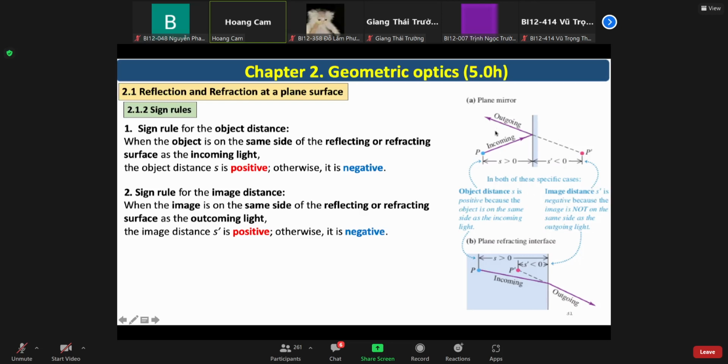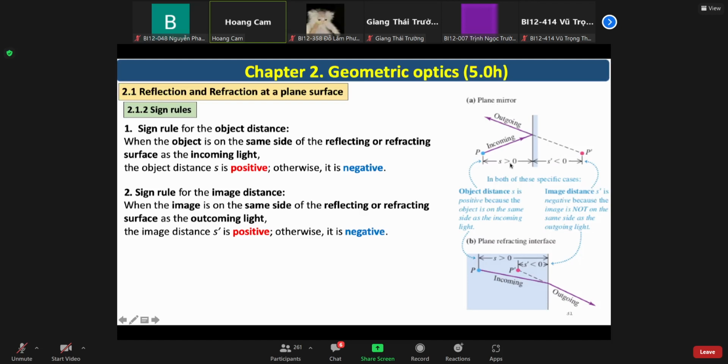So here, showing you in this figure, the image is here, the outgoing is there. So they are on different sides, right? Different sides of the reflecting surface. So that's why S prime is negative. So we follow these sign rules for the object distance and the image distance. So you will know the polarity of S and S prime, positive or negative.